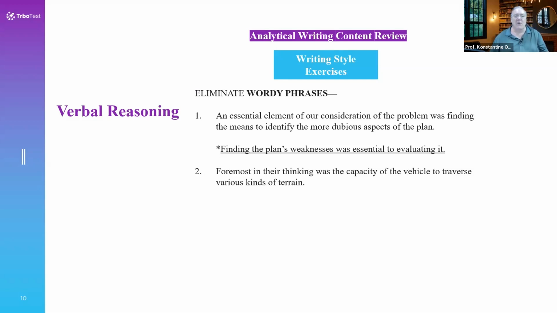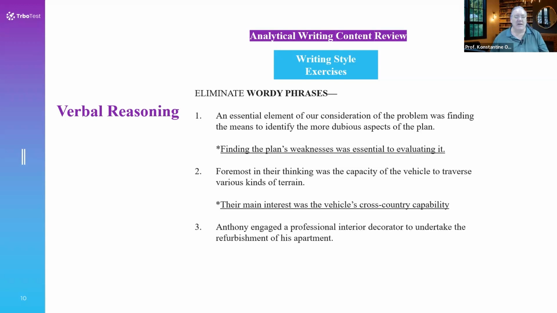Number two: foremost in their thinking was the capacity of the vehicle to traverse various kinds of terrain. Wow, let's rewrite that. Their main interest was the vehicle's cross-country capability. Clean, concise, and paints a perfect picture. Number three: Anthony engaged a professional interior decorator to undertake the refurbishment of his apartment.